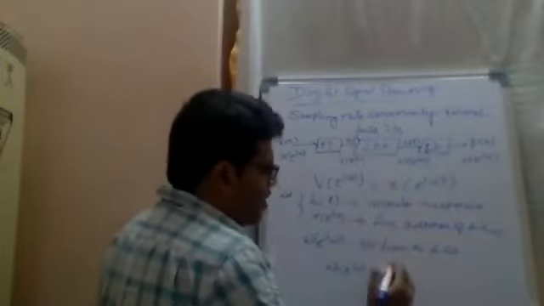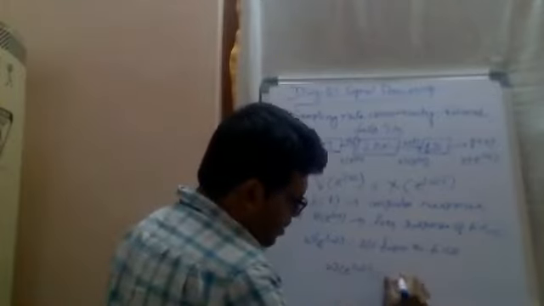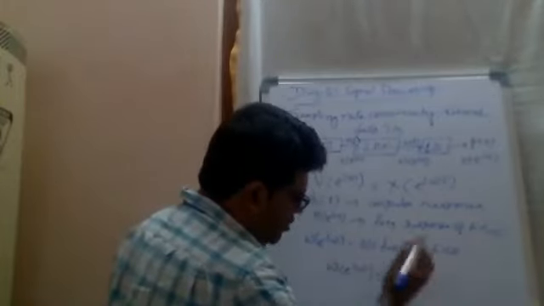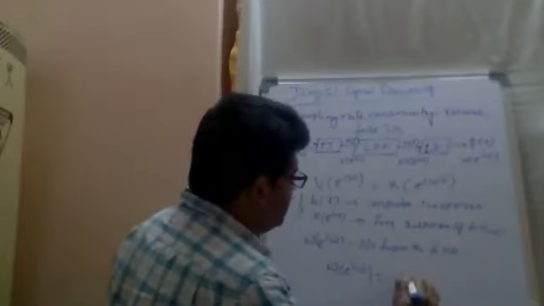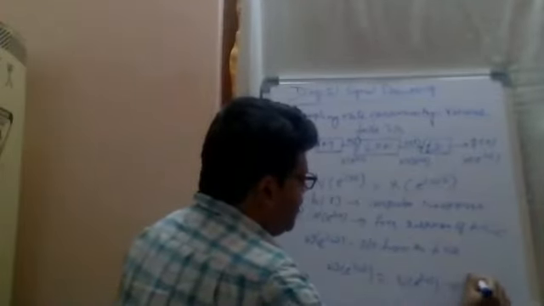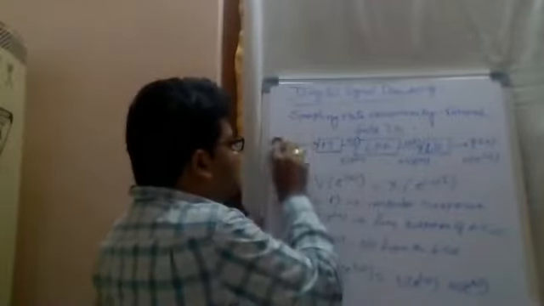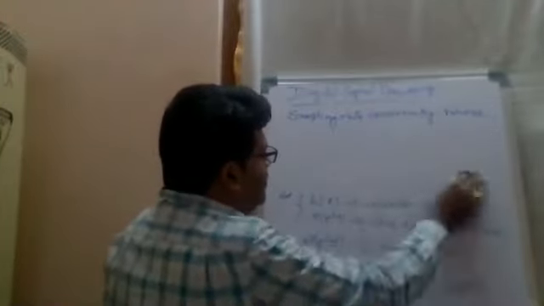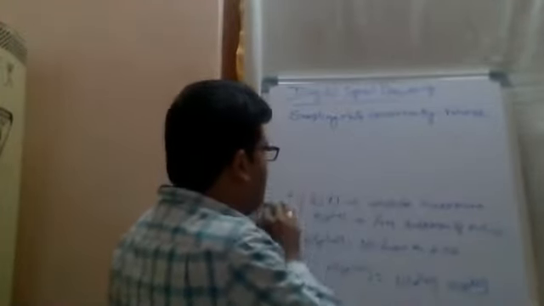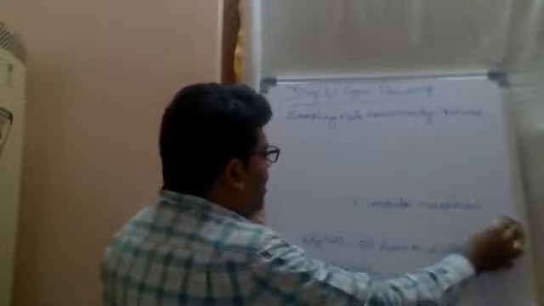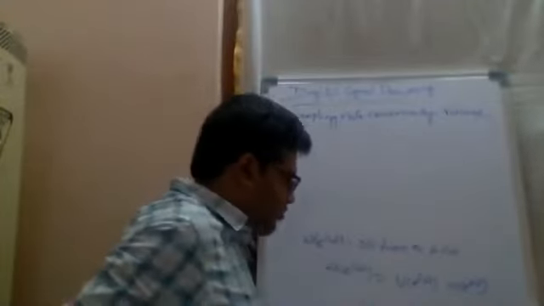So convolution between your input sequence, which is V of e power j omega, and your filter function H of e power j omega. So we are discussing in the frequency domain: multiplication of V of e power j omega, that is the input to the filter, and the filter function H of e power j omega.